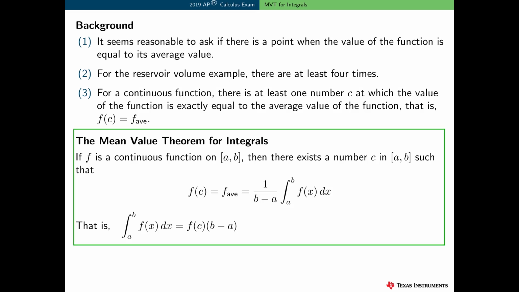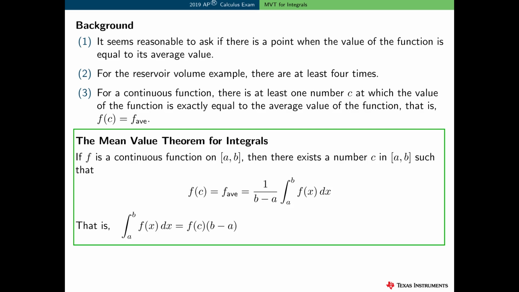This leads to the mean value theorem for integrals. It says that if f is continuous on the interval a to b, then there exists a number c in the interval a to b such that f of c is equal to the average value, 1 divided by b minus a, times the definite integral from a to b of f of x dx.